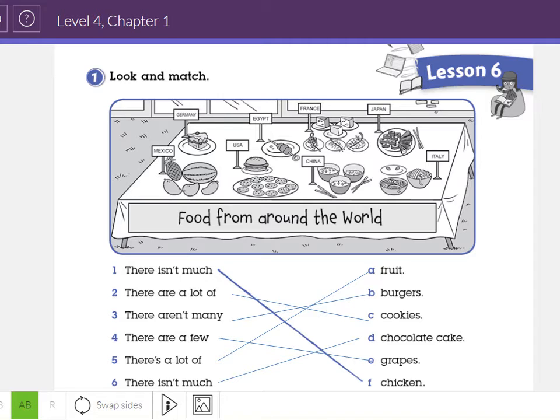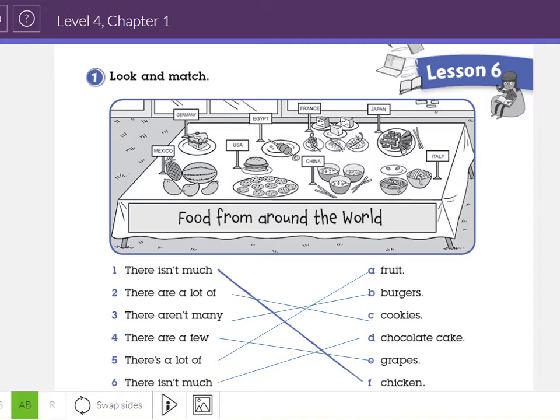Okay guys, so we are going to move to our next exercise. I told you to do the exercise on page 11 of your activity book. Have you done it at home? So affirmative, yes. So now we are going to discuss the answer.